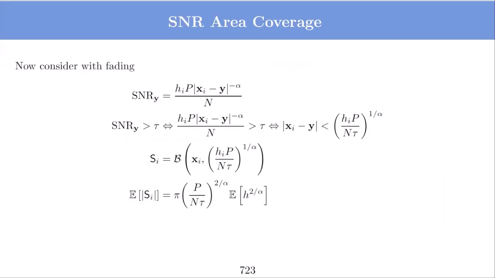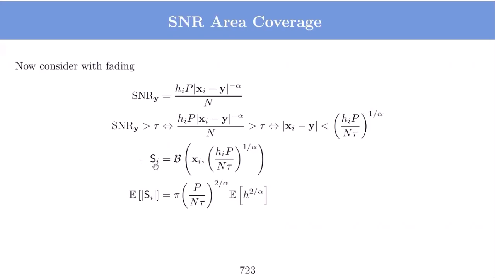Now, if you include fading, then the SNR at y has one extra variable, h_i. The event that the SNR is more than tau happens if the complete received power is more than tau, and this gives that the distance between xi and y should be less than (h_i P/(N tau)) to the power 1 upon alpha. So this is now a random grain, where the size depends on h_i. S_i is a ball located at xi with this radius.